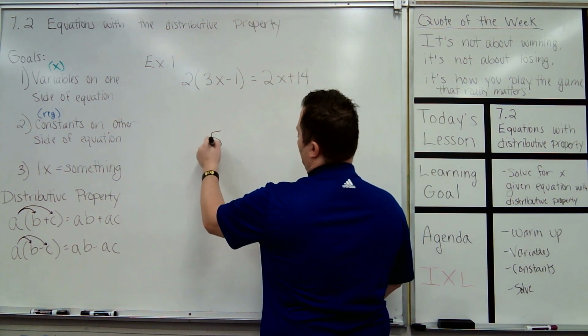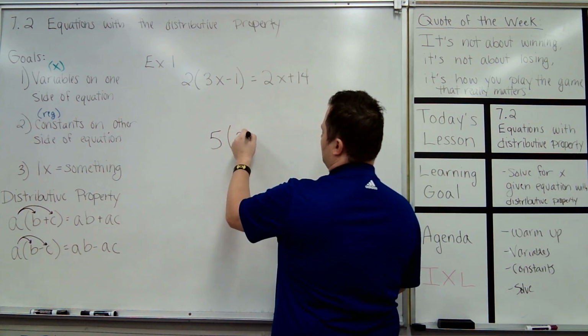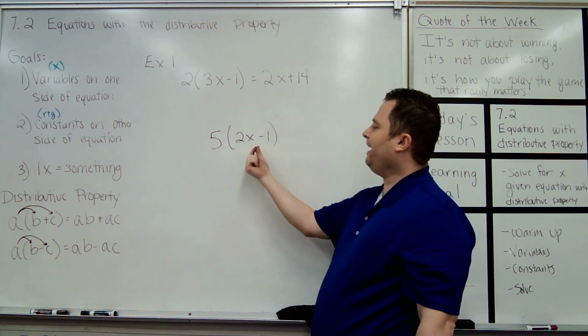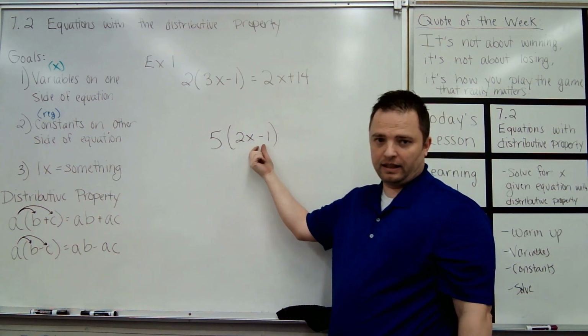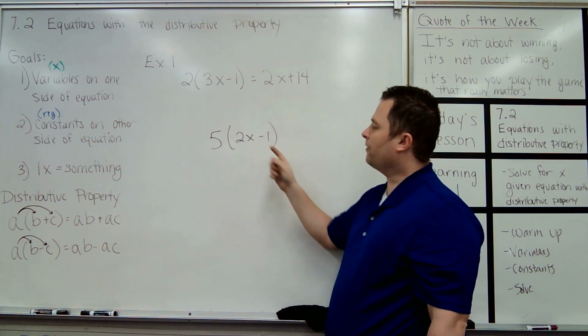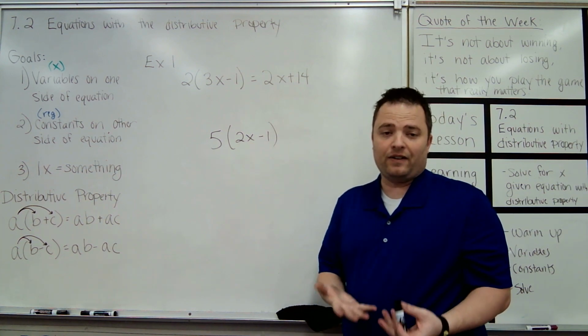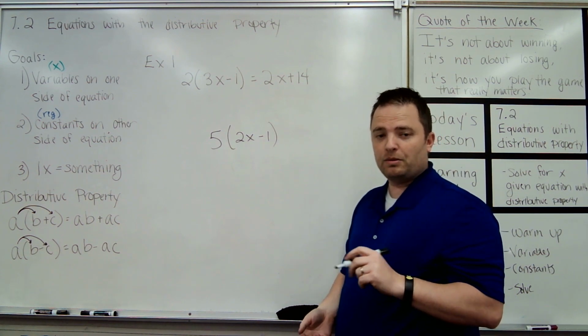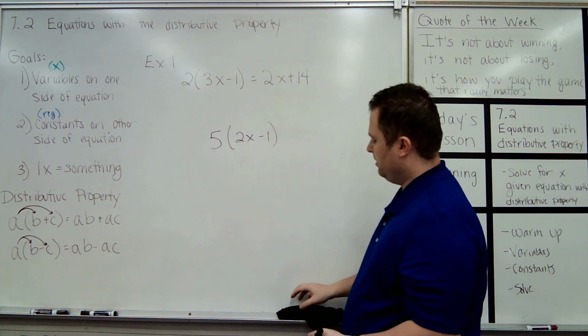So for example, 5 times 2x minus 1. We would use the distributive property when we can't add or subtract the things in the middle. 2x minus 1, I can't take away 1 from 2x because I don't know what the value of x is. But I can rewrite it. And that's what we're going to be incorporating into our equations today.